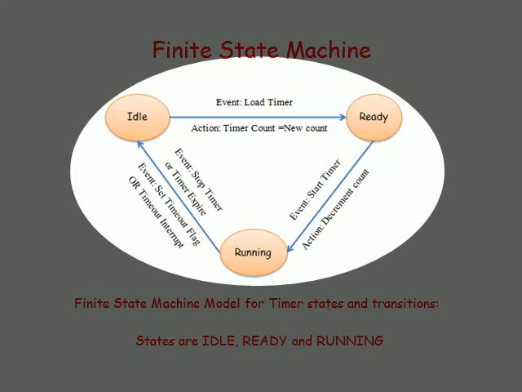The timer remains in the ready state until a start timer event occurs. The timer changes its state from ready to running on receiving a start timer event and remains in the running state until the timer count expires or a stop timer event occurs. The timer state changes from running to idle on receiving a stop timer or timer expire event.